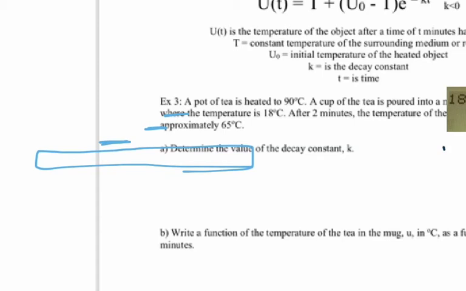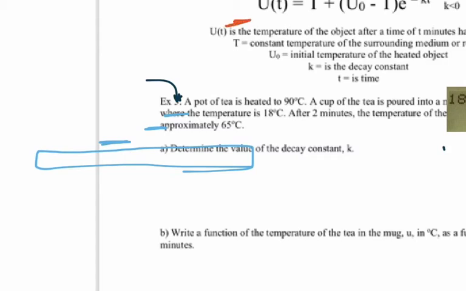So what we're looking at here is the following. It says a pot of tea is heated to 90 degrees. So when it's heated to 90 degrees, that is actually going to be the U sub 0 temperature. So that 90 degrees is going to go into this spot right here.